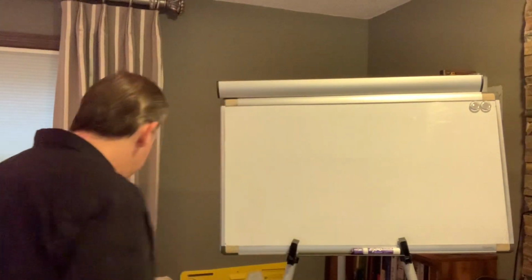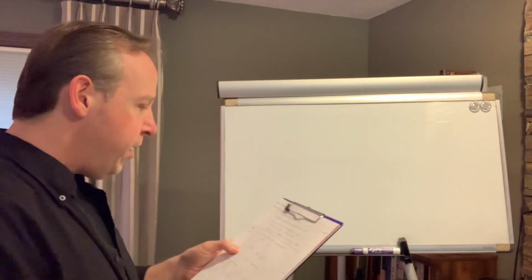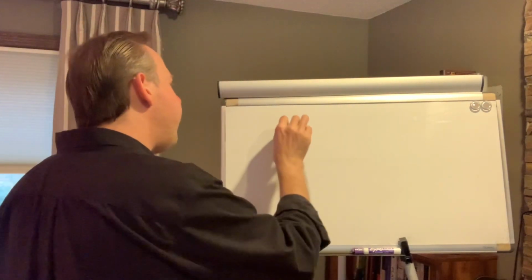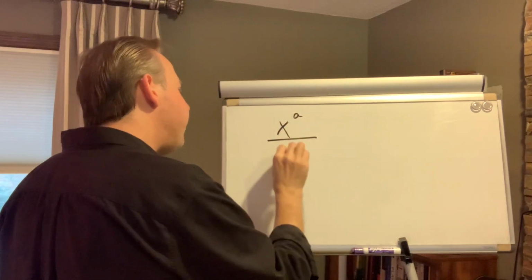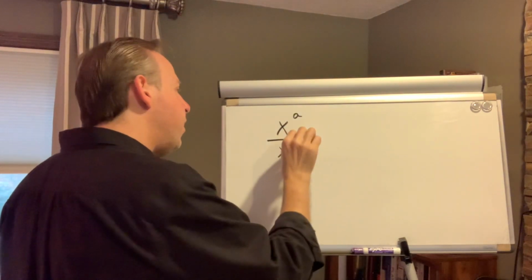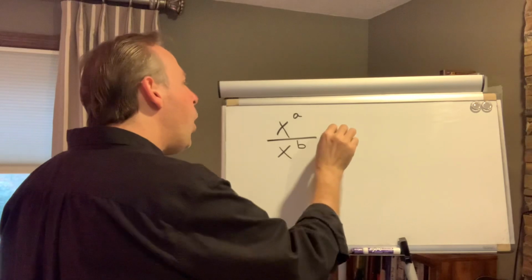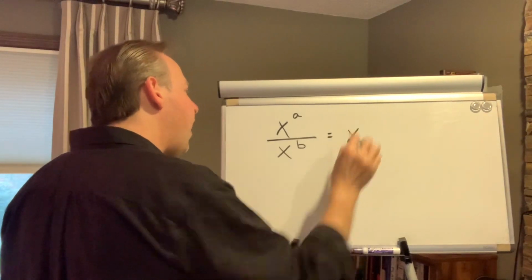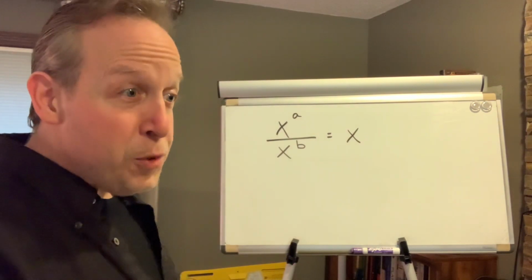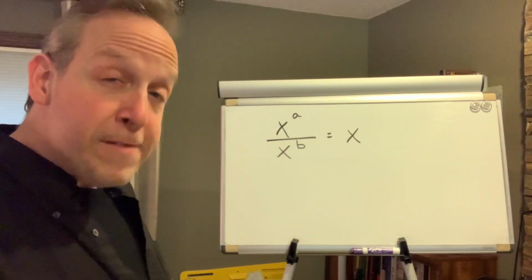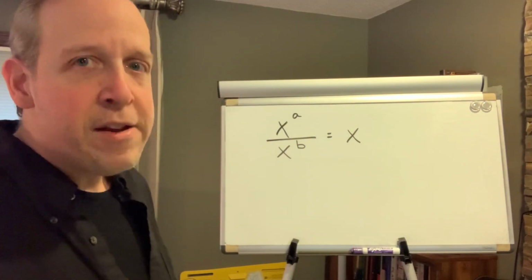So we have the first two done. Here's the division rule. If I have a base of x to a power a, and it's being divided by the same base and another power, we're going to write that base one time, it's x, and just like multiplication led us to add the powers, division is going to lead us to subtract the powers.